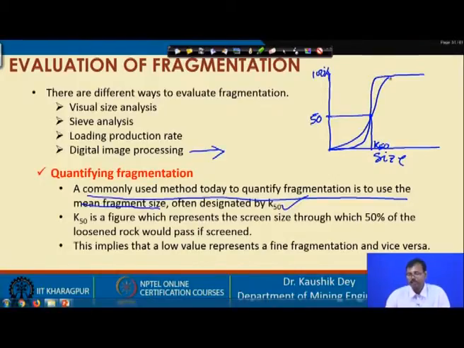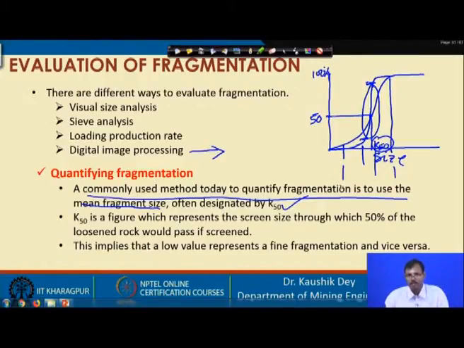However, there may be another distribution possible like this, where the average size is the same, but the distribution is different. Here most of the boulders achieved are in this range, from this point to this point, whereas here the distribution range is a little bit wider.